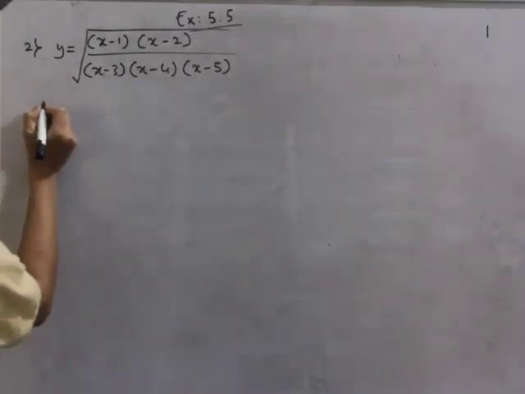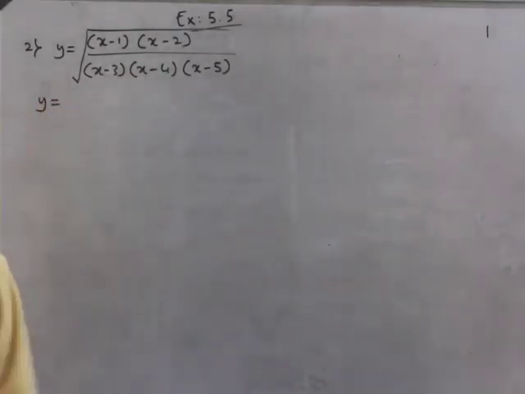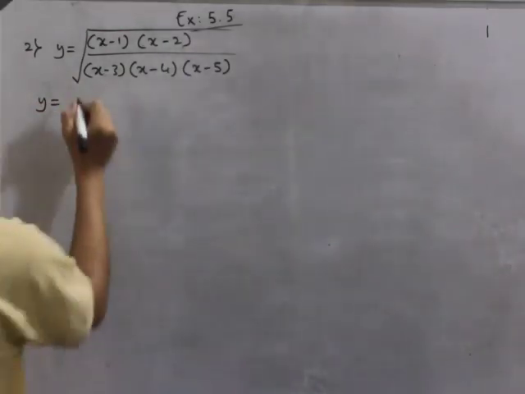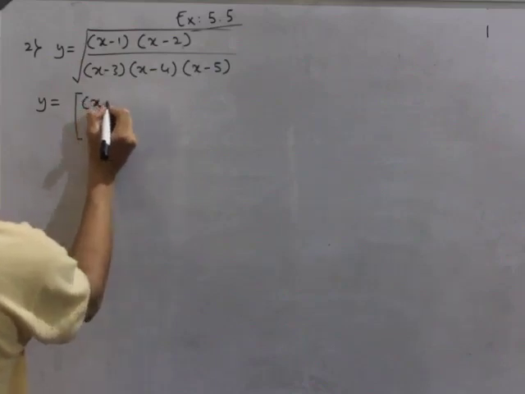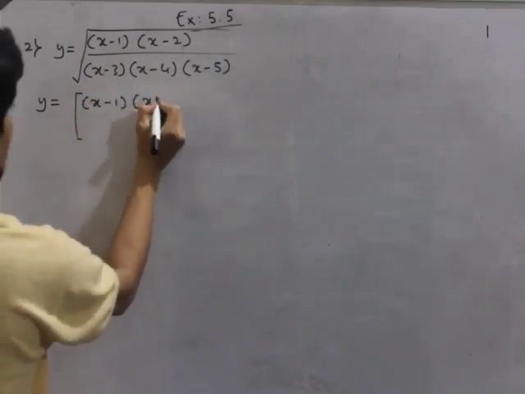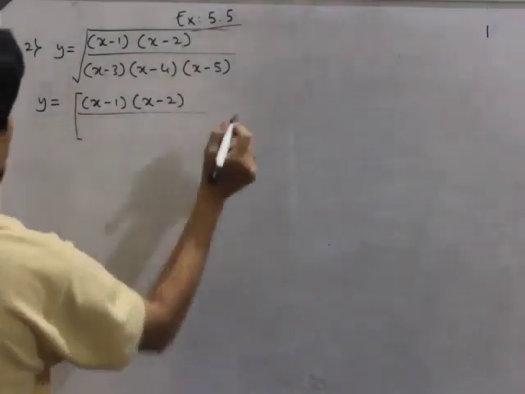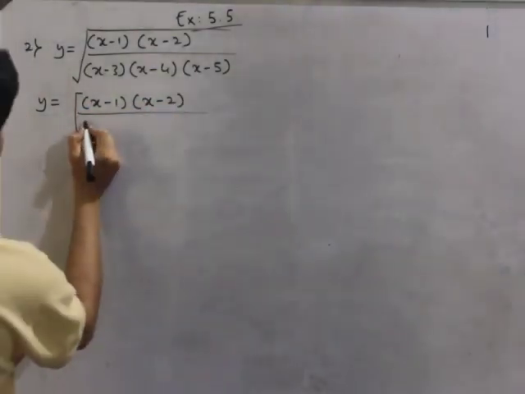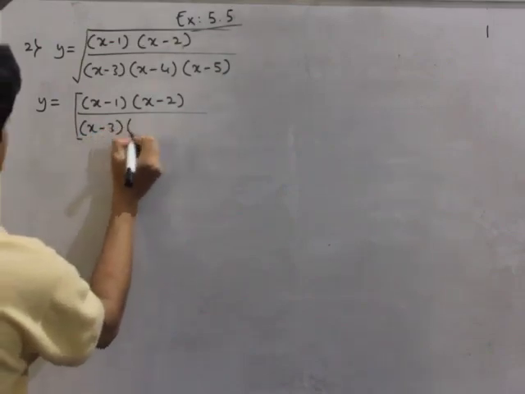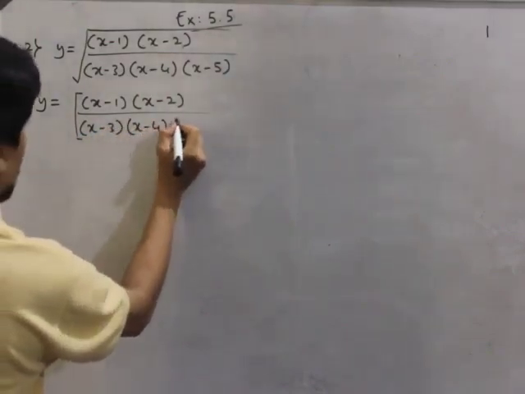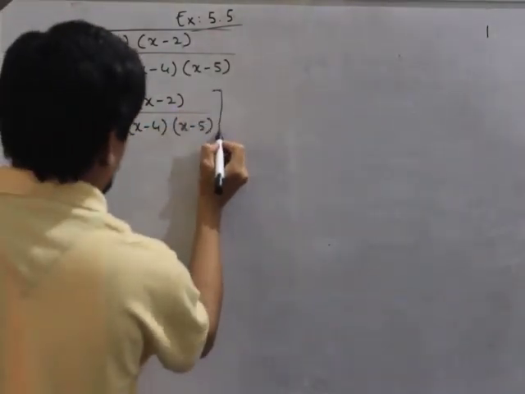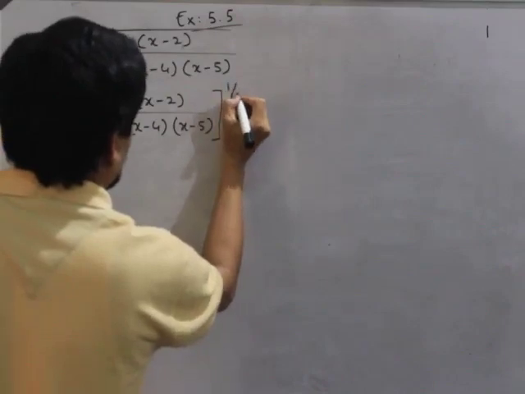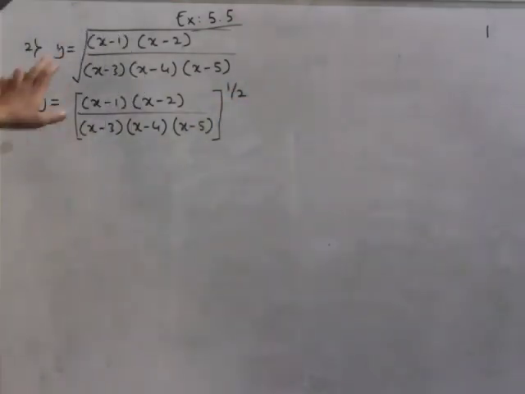So y is equal to the bracket (x minus 1)(x minus 2) divided by (x minus 3)(x minus 4)(x minus 5), the whole to the power of 1 by 2. I have removed the square root and applied 1 by 2.